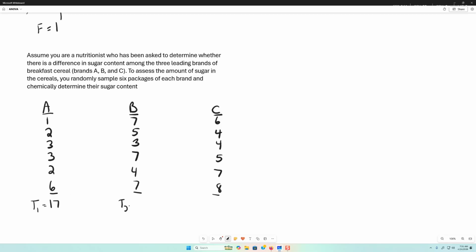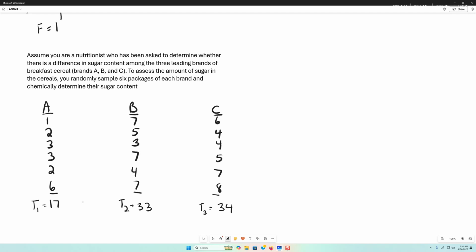We added up. This is total of group 2. Total of group 2 is going to be 33. And then the total of group 3 is 34. Those are our totals, the sums of these. So we call them total 1, total 2, total 3.